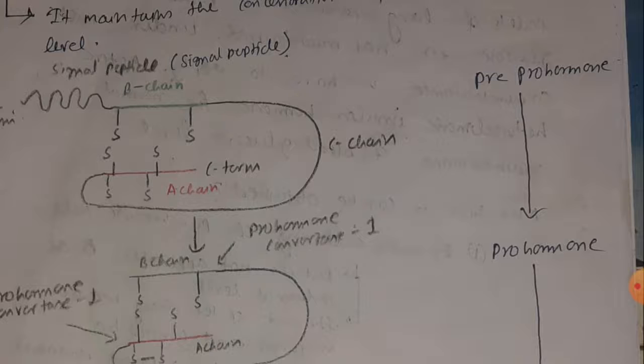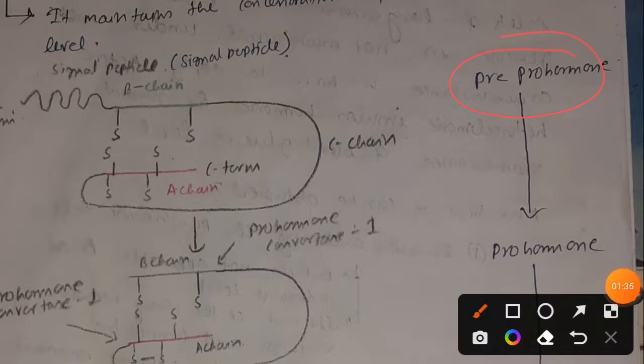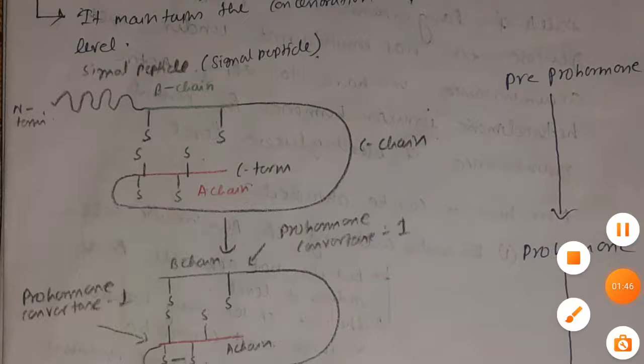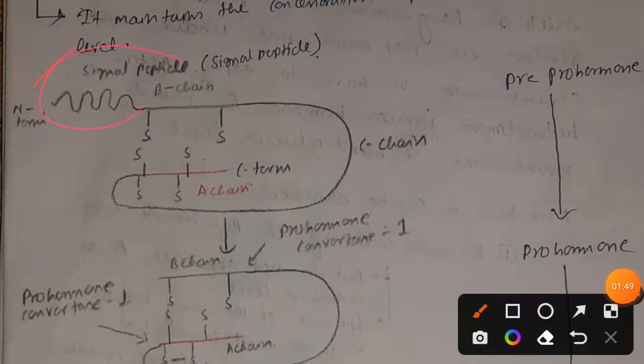From the islets of Langerhans, insulin is first produced in the pre-prohormone form. In the pre-prohormone form, it is totally inactive. The structure of the pre-prohormone, as I have mentioned here, consists of a signal peptide at its N terminus, along with the C chain, B chain, and A chain.